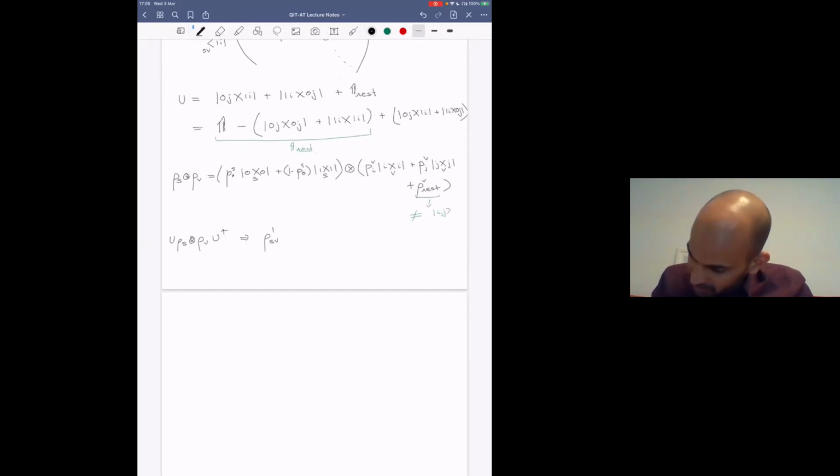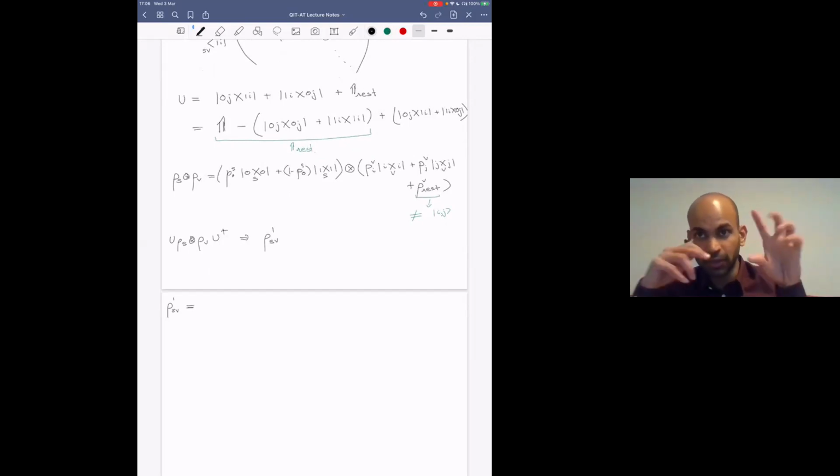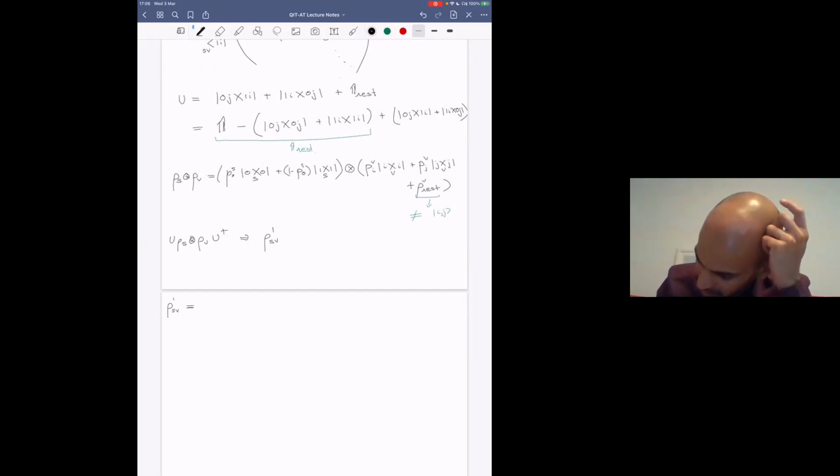So let's see what happens. We have that rho SV prime is equal to, in the subspace that we have isolated, the 0j, 1i subspace, those states do flip. Let me do one more step to make this very clear.